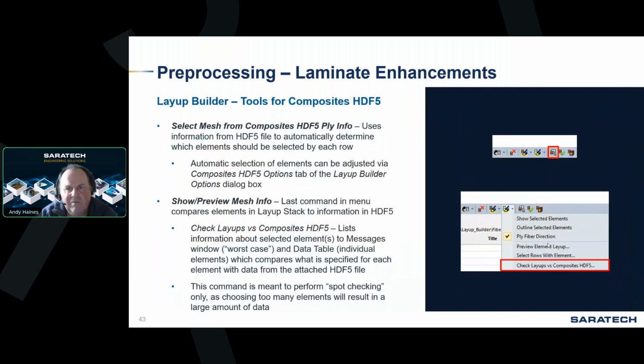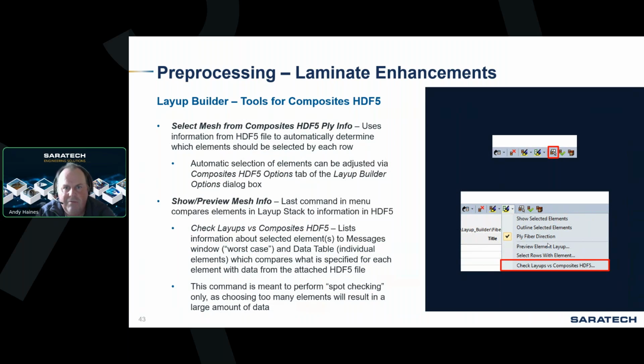And then we just have some additional items here. When you're using the composites HDF5 file, the nice part is there's a button that you can click where it's just going to use information from the HDF file to automatically determine which elements should be selected by each row. So that makes it even easier.